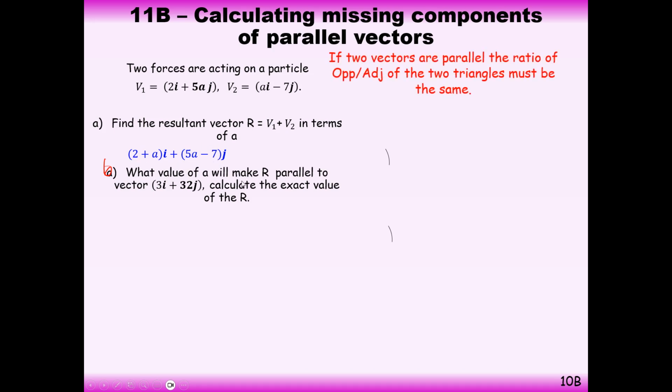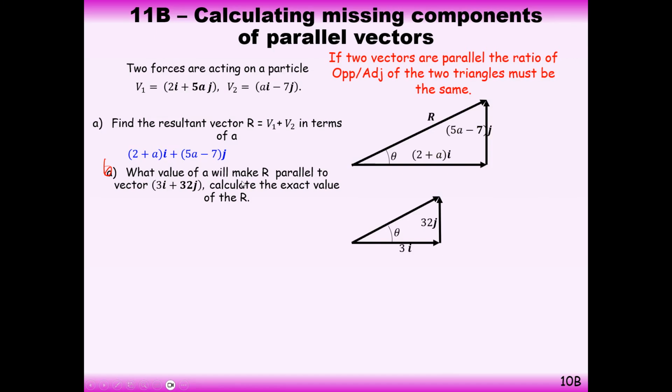If I picture this for you, parallel means that they have to point in the same direction. If you imagine i is running in the x direction, the angle theta here is the same as that angle there, because we want them to be parallel.